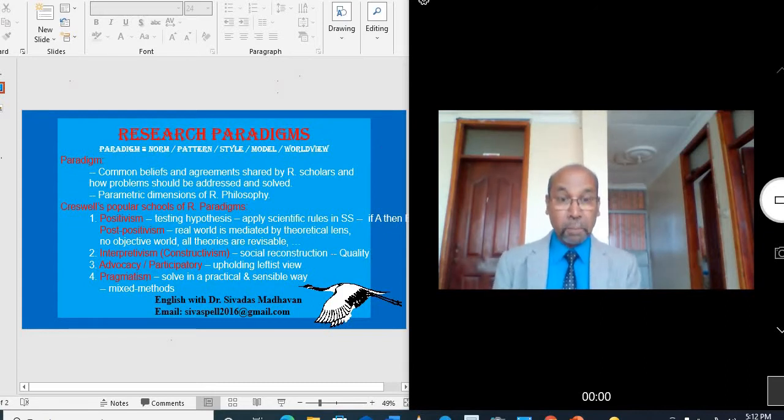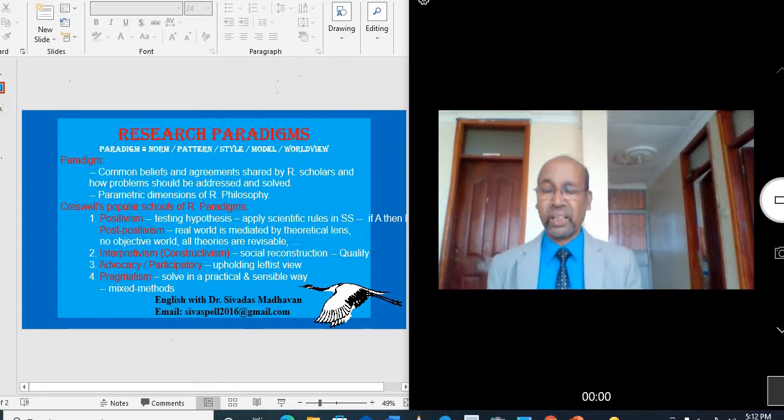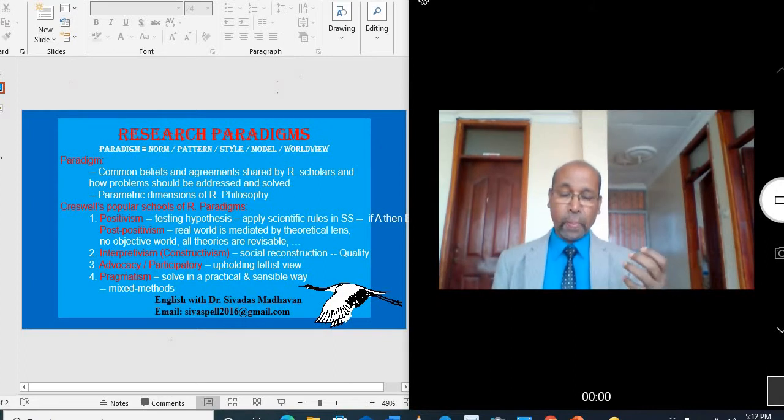So people follow positivism and post-positivism. These two come together in the sense that the scientific rules are applied. And next comes the second one, that is interpretivism. Interpretivism is for the qualitative research.